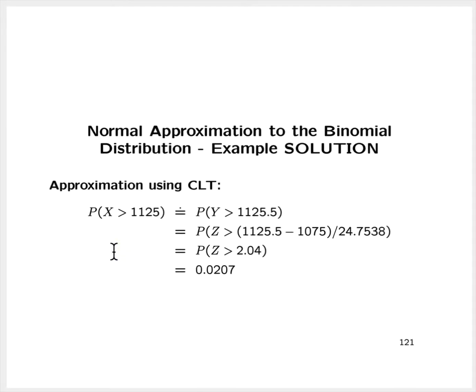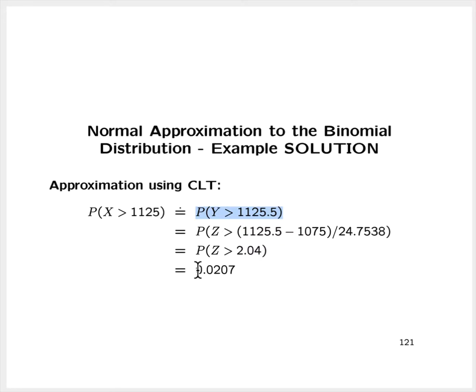Again, using the central limit theorem to approximate the probability that X is more than 1,125, that is approximately equal to the probability that Y is greater than 1,125.5. Notice I'm again using the continuity correction factor.